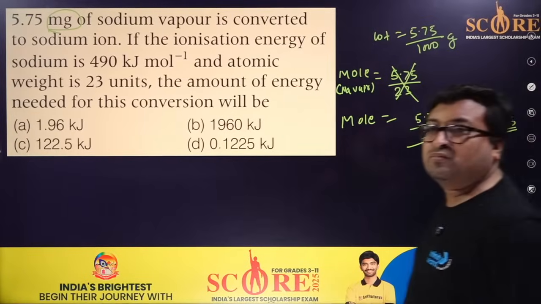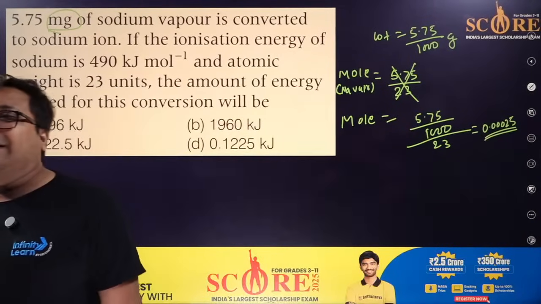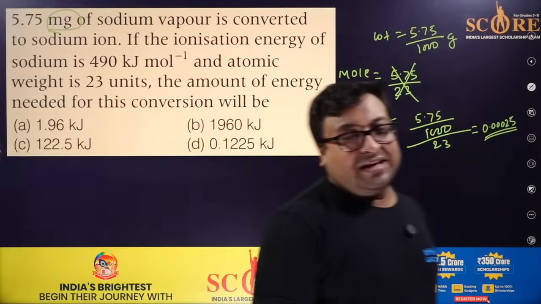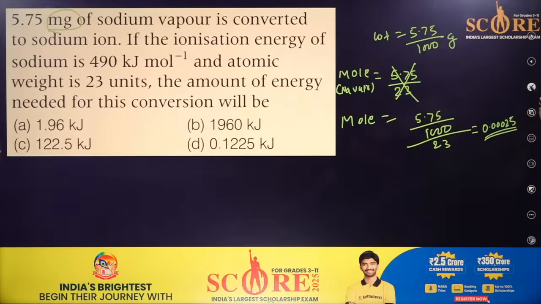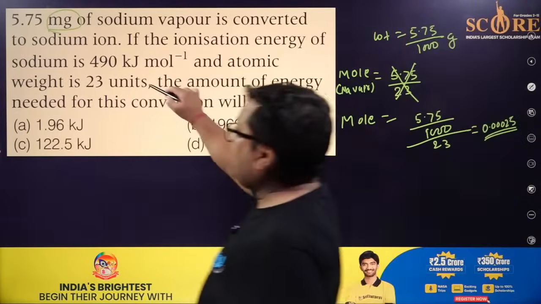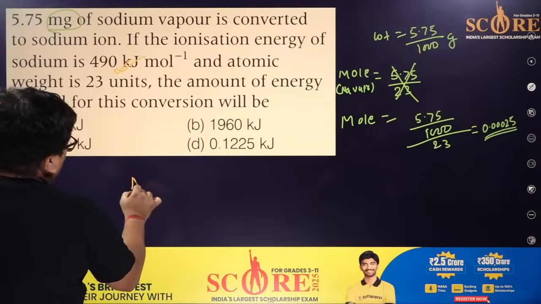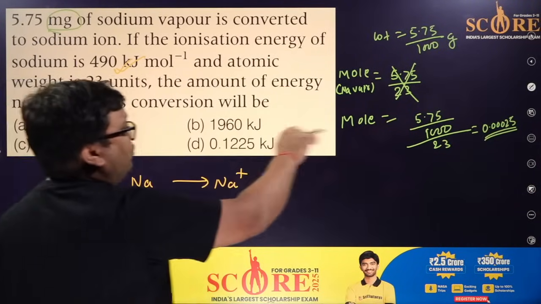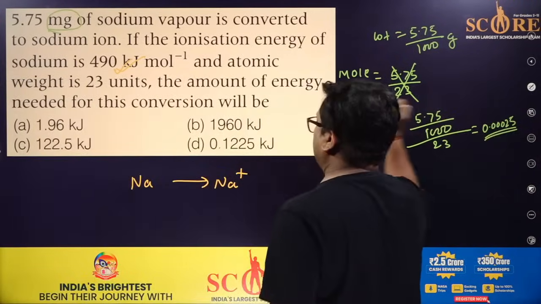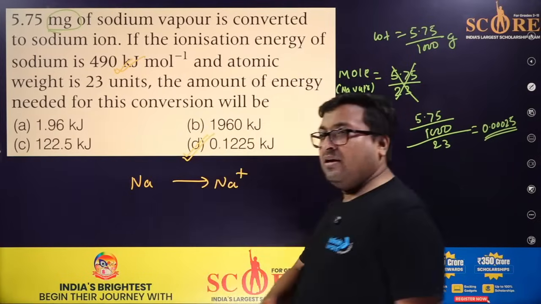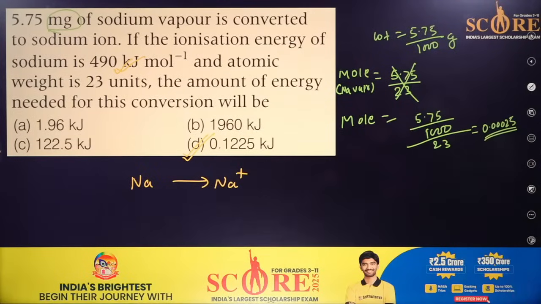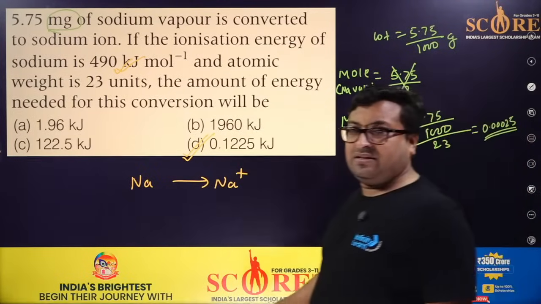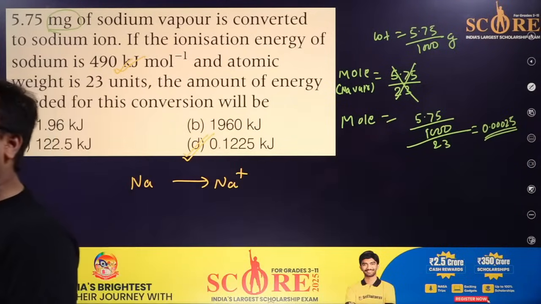You have not converted milligram to gram. In 1 mole, this much energy was required. So for this much, when you multiply it, you will get D as the answer. Now you got the answer. You committed a silly mistake.